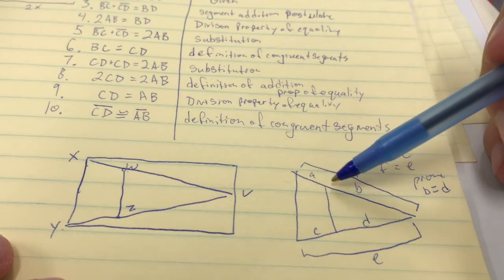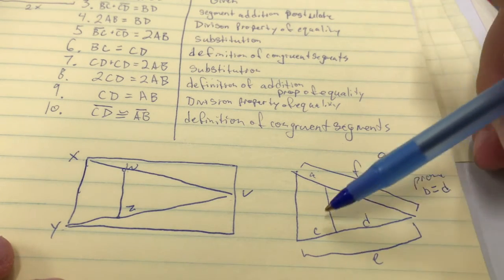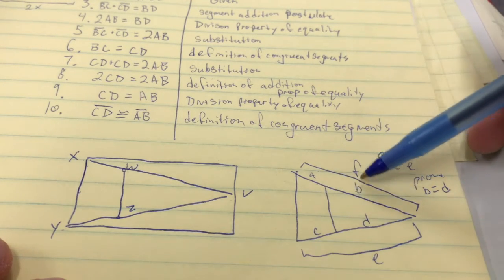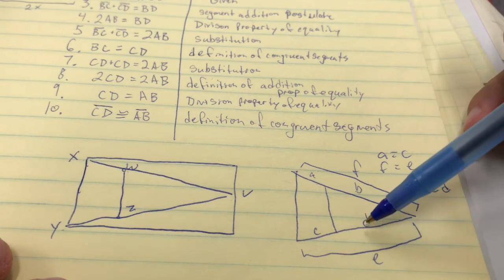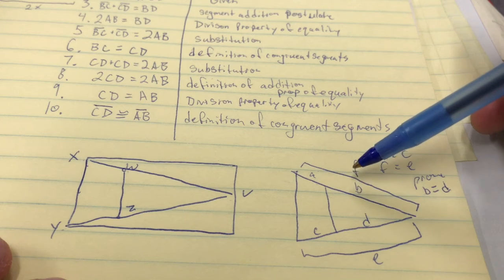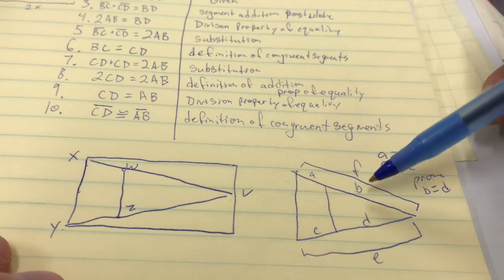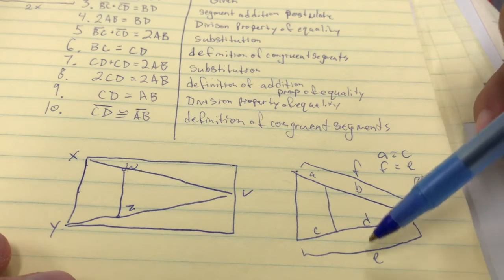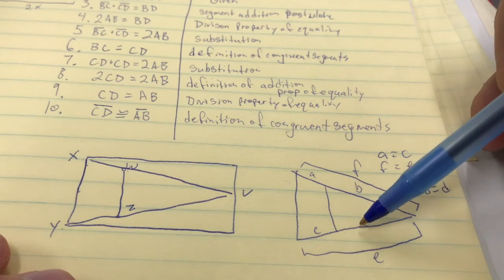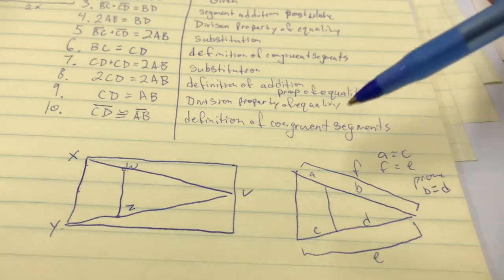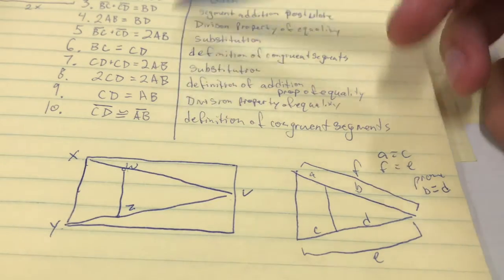So saying that A plus B equals F, and then saying, well, A and C are equal, so I can now say C plus B equals F. And I don't know D is equal yet to B, but I can say that F and E are equal, so I'm going to replace F with E, so I can say C minus B equals E. And I know from this that C minus D equals E. And then you can get rid of that, then you can substitute in, and so it's really about vision and then putting the steps together in the middle.